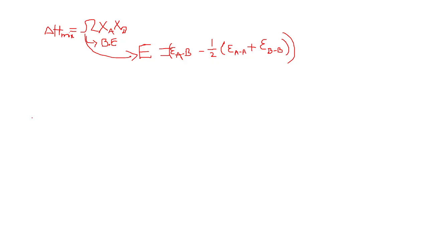Some part will be used in some places and some part will be available to us, and that availability part is known as free energy. So that is what we call the Gibbs free energy.